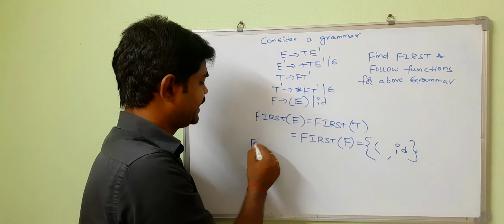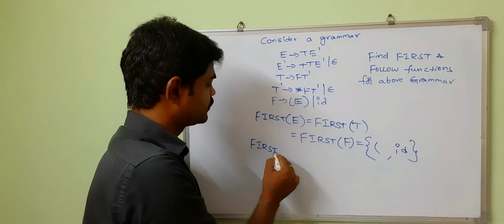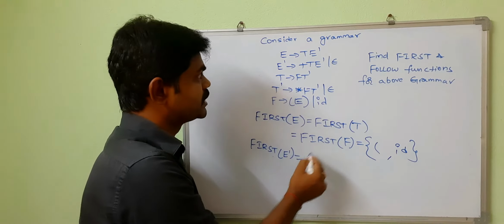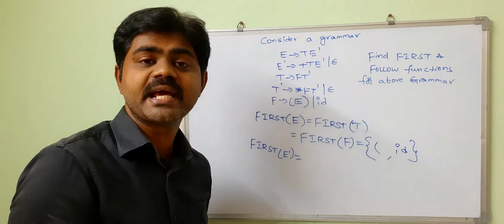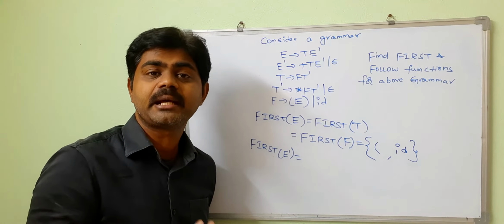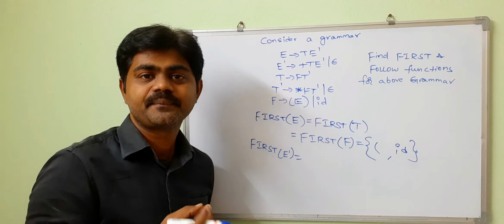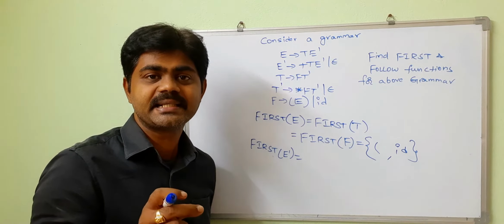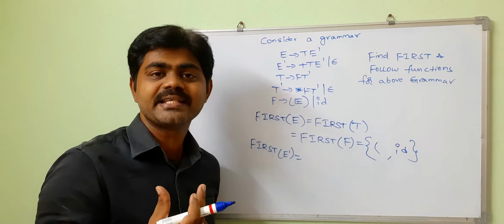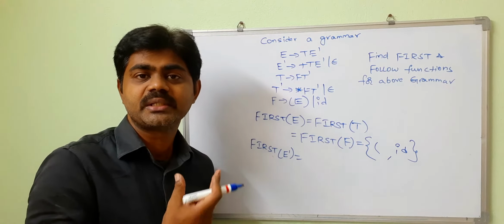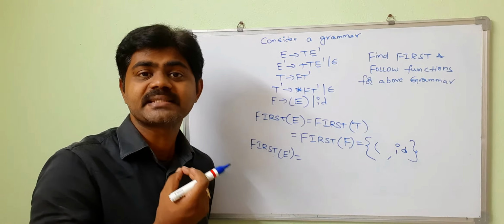Now first of E dash. So what do we have for first of E dash here? We encountered a plus. As we know, plus is a terminal. So what are terminals here? Small a to small z and symbols. All these come under terminals, right? So here we encountered a plus symbol.